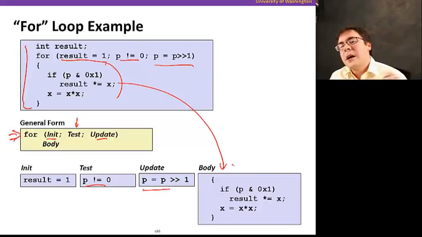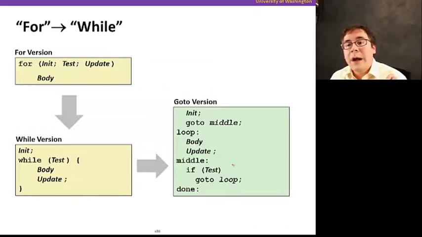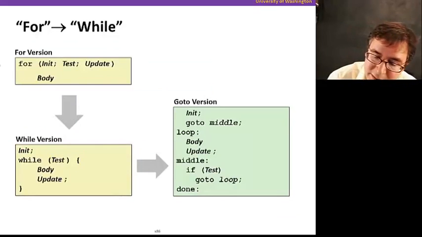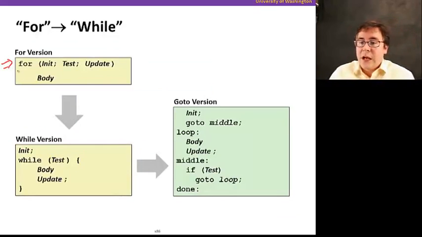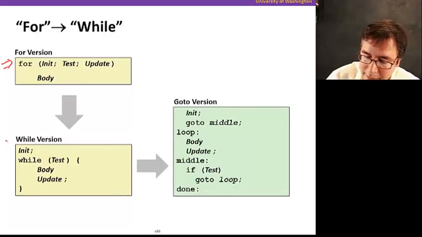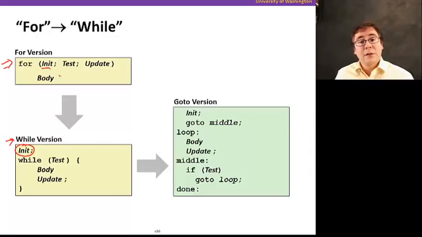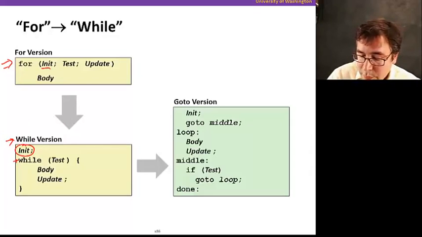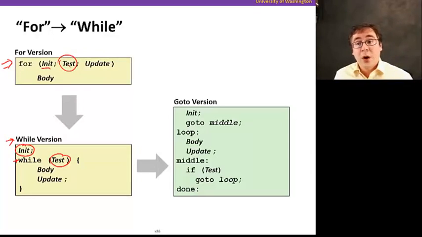One way to understand how for loops are translated is to translate them to while loops. Okay? So here's the general form that I just showed you. You can think of a while version of that loop by executing the init expression at the beginning. We have a while loop that executes while the test expression holds.